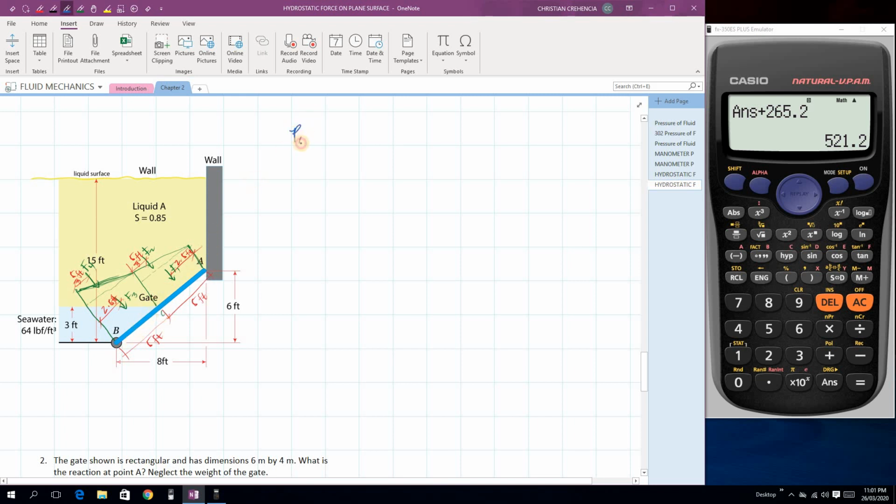So yung pressure sa A is unit weight ng liquid A, which is 0.85, specific gravity ng liquid times specific gravity ng water na 62.4 pound force per cubic foot. Okay? So that's unit weight pa lang to ng A, times ng depth. Okay. So this is 15 meters, this is 6, then this is 9.